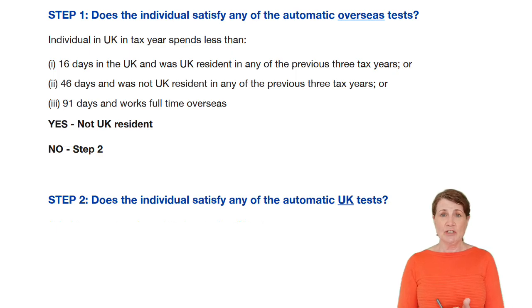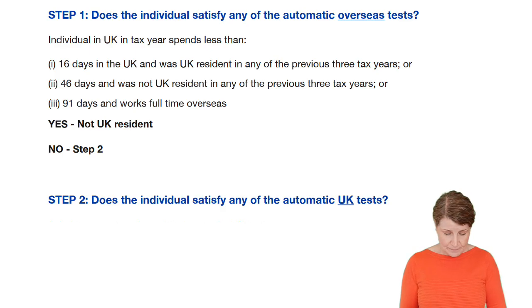And in order to determine whether somebody is resident in the UK or not, it's potentially a three-step process. Now, you might stop at step 1, you might have to go on to step 2, and you might have to go all the way to step 3. It depends on the circumstances. But these are the steps that we have to go through to determine whether somebody is resident in the UK or not.